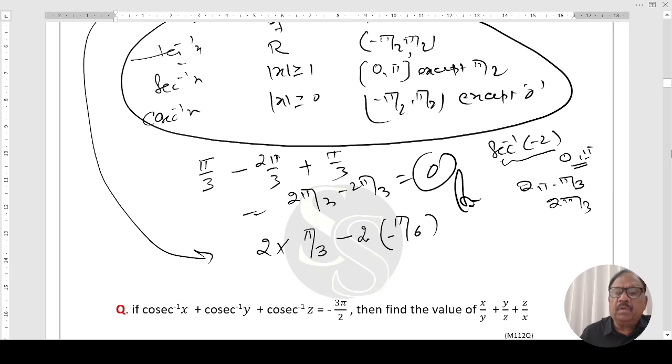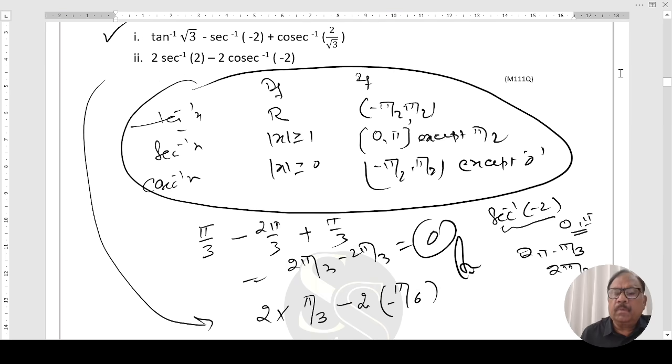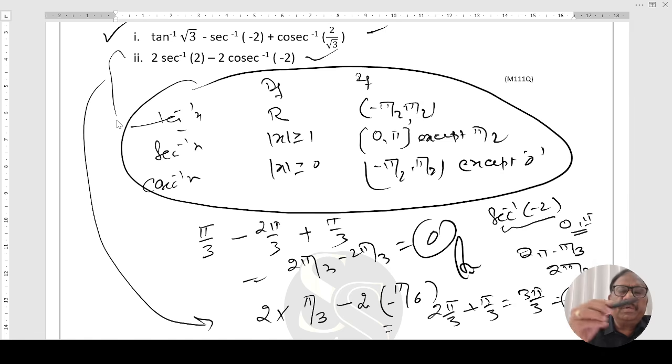On simplification, we get 2 pi by 3 plus pi by 3, that is 3 pi by 3, that is pi. Pi is the answer of this question, right? Next question.